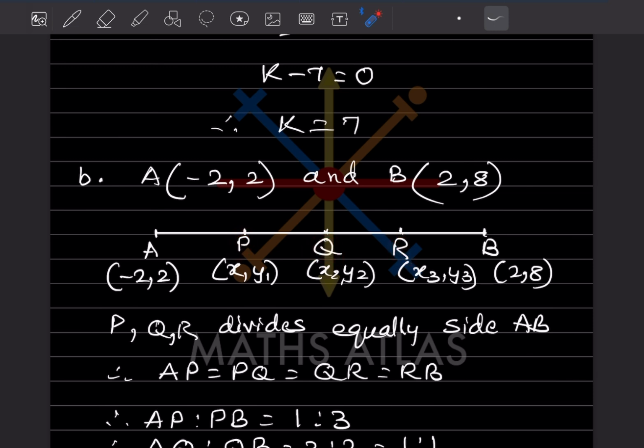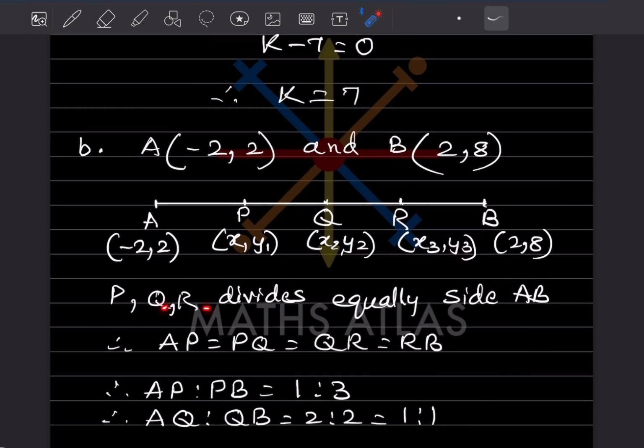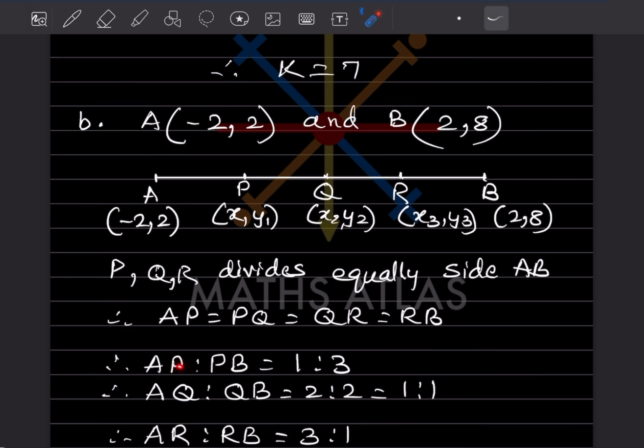We don't know these points, so we can write x1, y1, x2, y2, and x3, y3. Now PQR divides the side AB equally, so AP is equal to PQ is equal to QR is equal to RB. If we take this part, what remains is just this, one part and then 1, 2, 3, so AP is to PB is 1 is to 3.